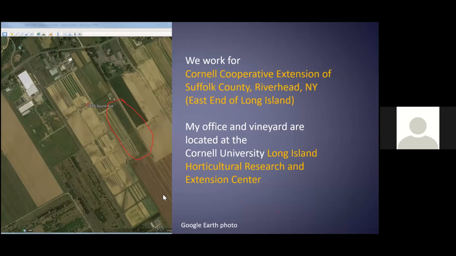That's a multi-commodity, multi-discipline facility, with both university and extension personnel. You can see our farm is kind of L-shaped, and that's the vineyard there in the red circle. I manage about 2 acres there, and I've been doing that for a long time, 26 years.